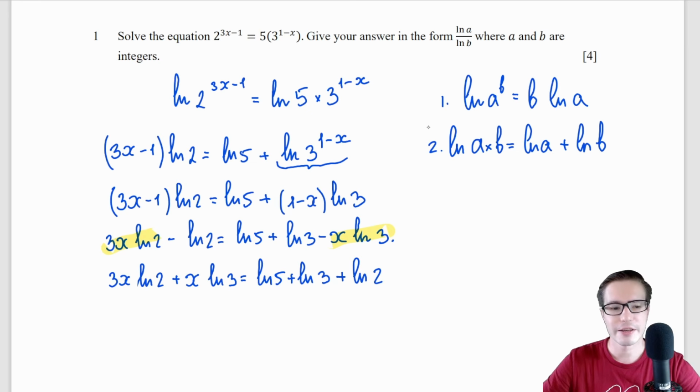Now, I will factorize the left side and take x outside. And I will combine all the logs on the right side, using again the second rule, but only from right to left.